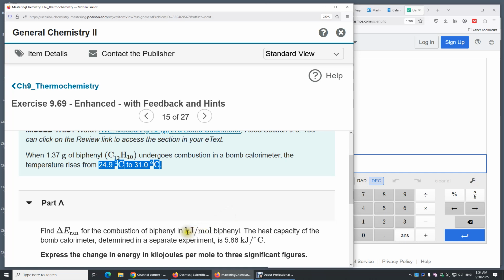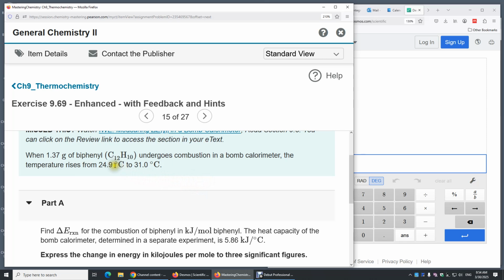And finally we need kilojoule per mole, right? So the total amount of heat, delta T times the heat capacity, divided by the number of moles of biphenyl will give the final answer.